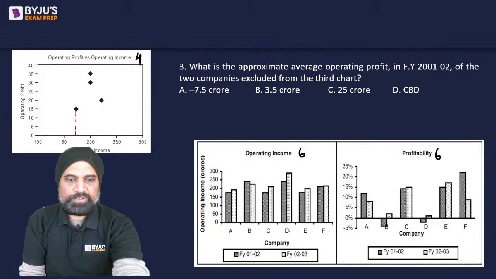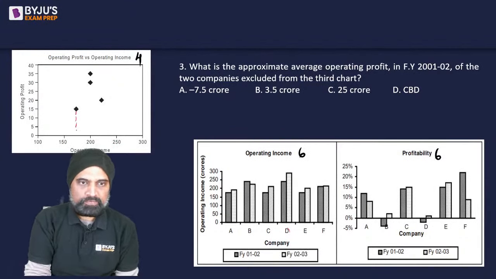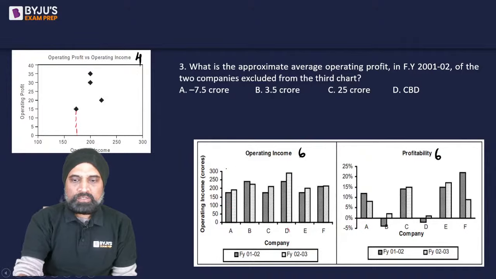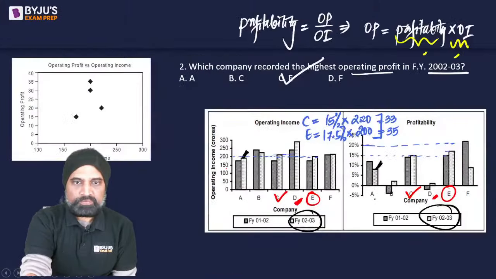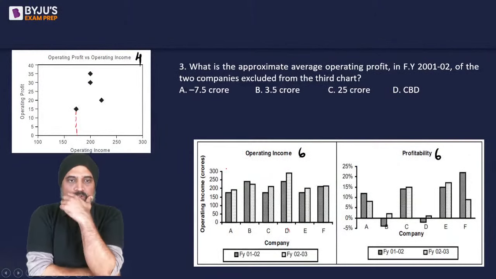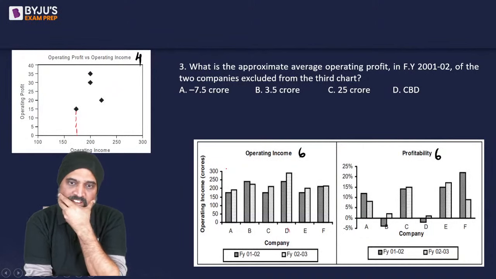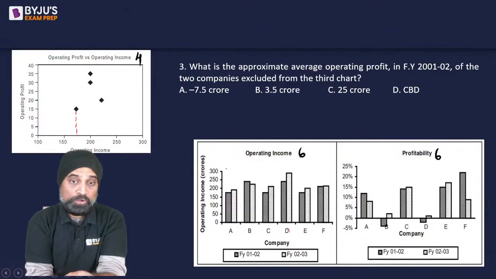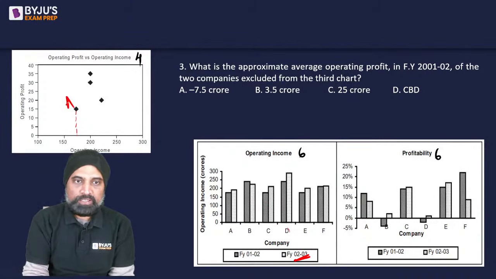It's more than 175, right? I believe that is given for the fiscal year 2002-2003 only, right? So 175. I don't see a 175 for fiscal year 2002-2003, right? So the lowest one is going to be company A. So this is company A.